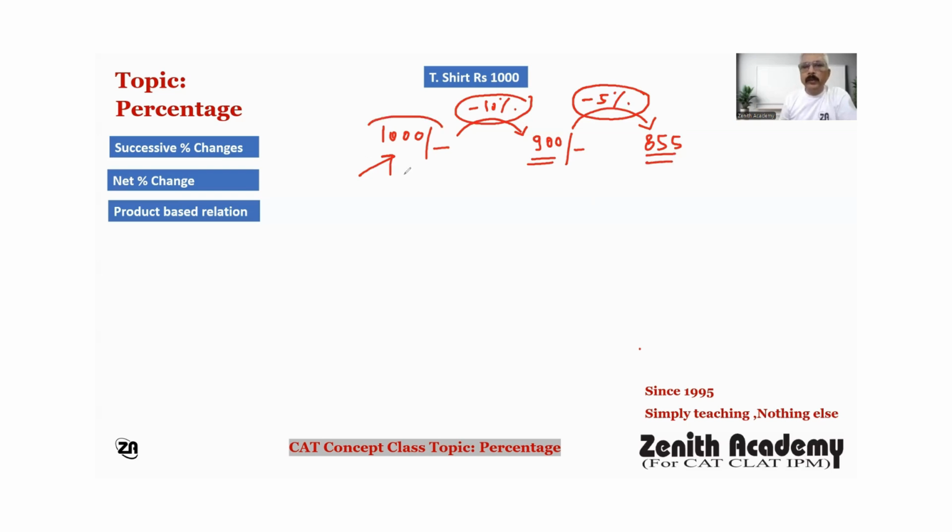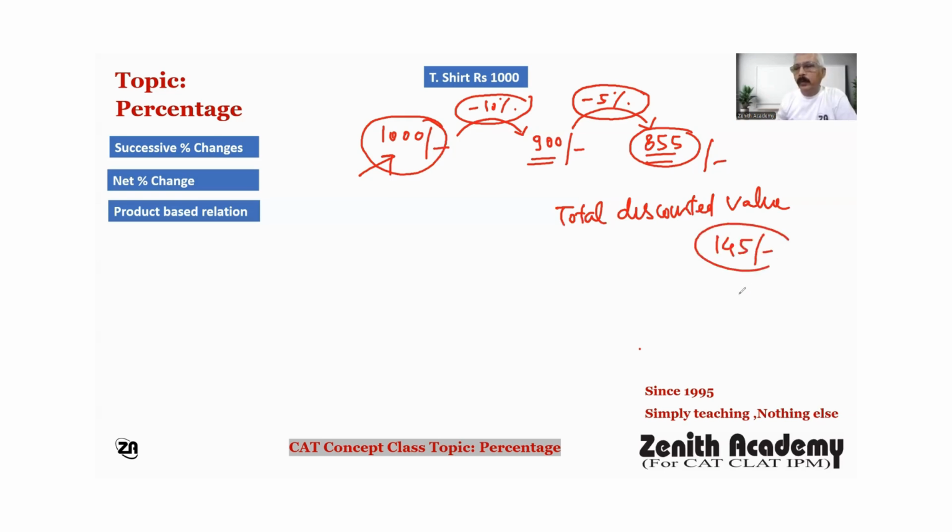So the 1,000 rupees t-shirt after discount, you are buying at 855 rupees. You got it? Total discounted value here is 100 plus 45, 145 rupees. Okay.